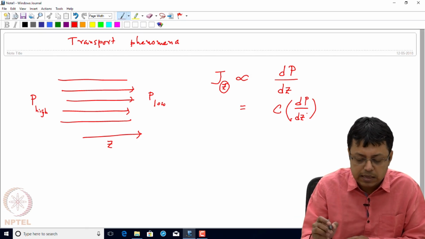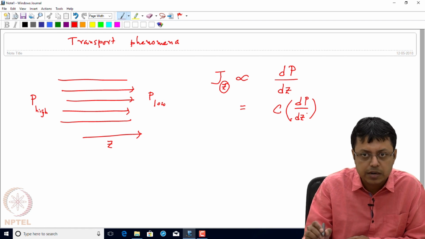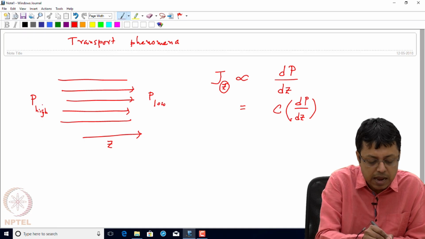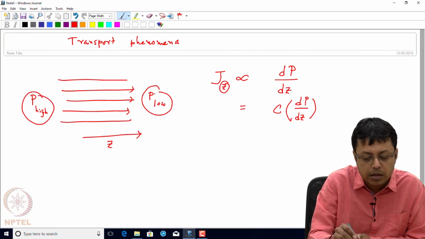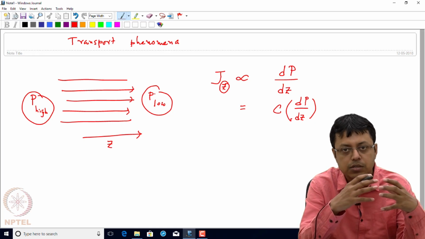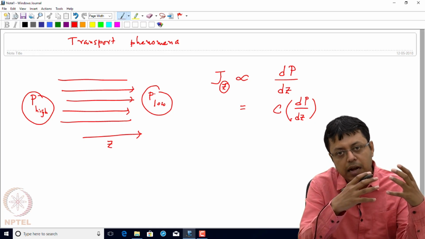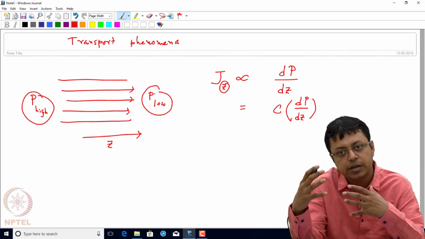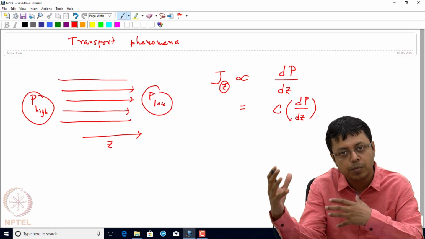Now as you can see in this equation, the pressure gradient in the positive z direction is negative, because pressure is higher here and lower here. Usually whichever quantity you are talking about, either mass or heat, flows from the high temperature or high concentration to the low concentration or low temperature.